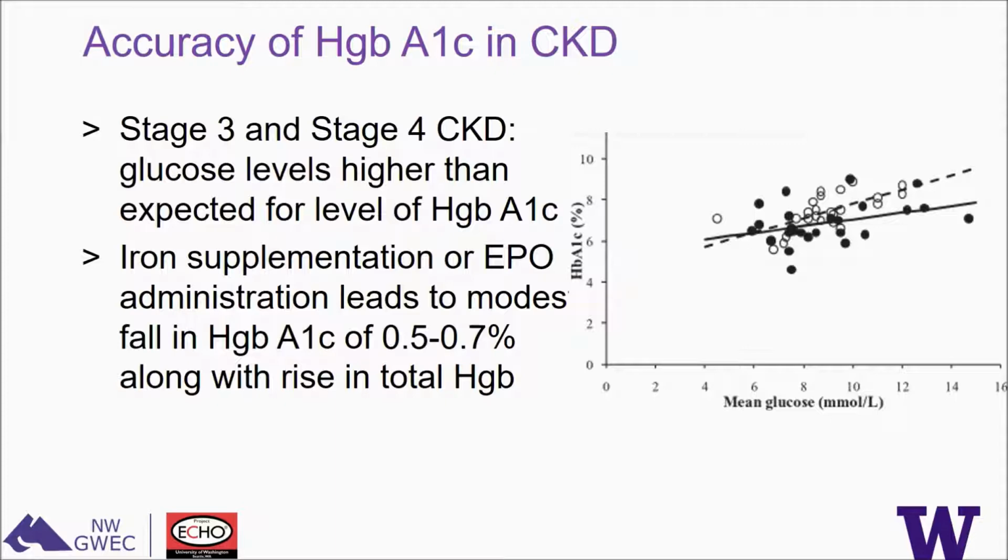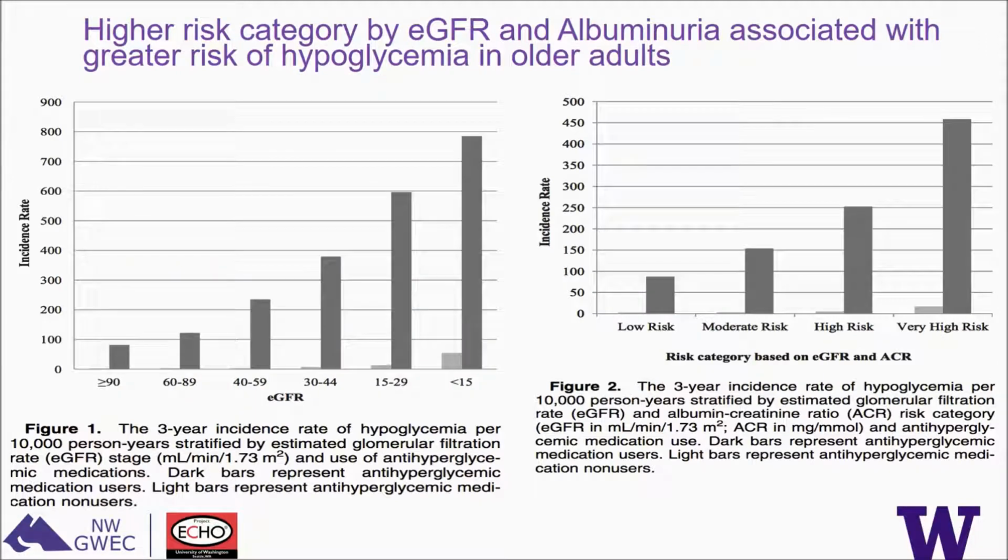As you can see here, it apparently didn't come out, but this is in normal patients. But if you look at the regression coefficient of patients with CKD, it's almost half the strength of the association between mean glucose concentration and hemoglobin A1C. Plus, if these individuals are on EPO or they're getting supplemental iron, it reduces the correlation even further. So keep that in mind.